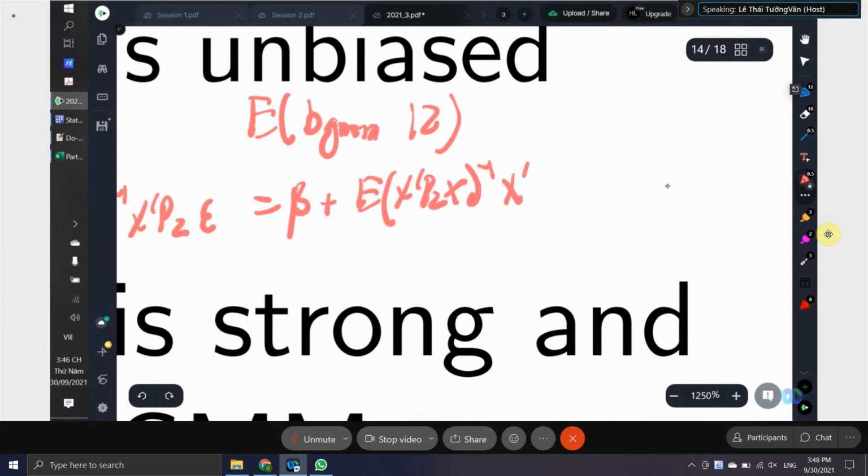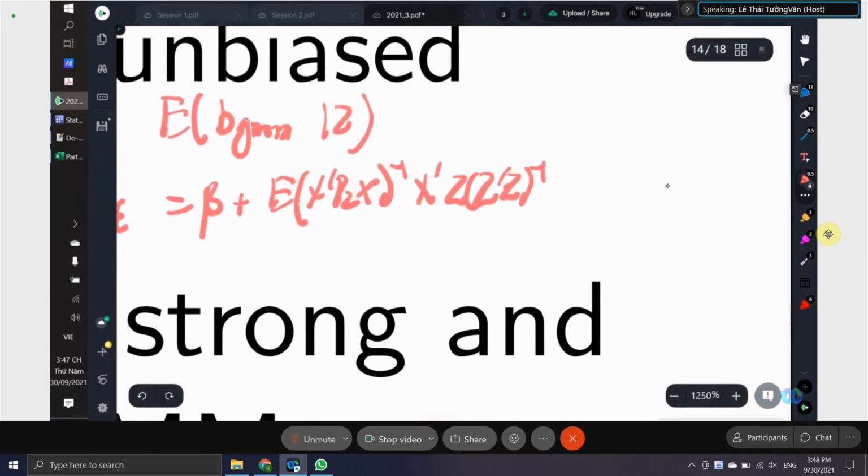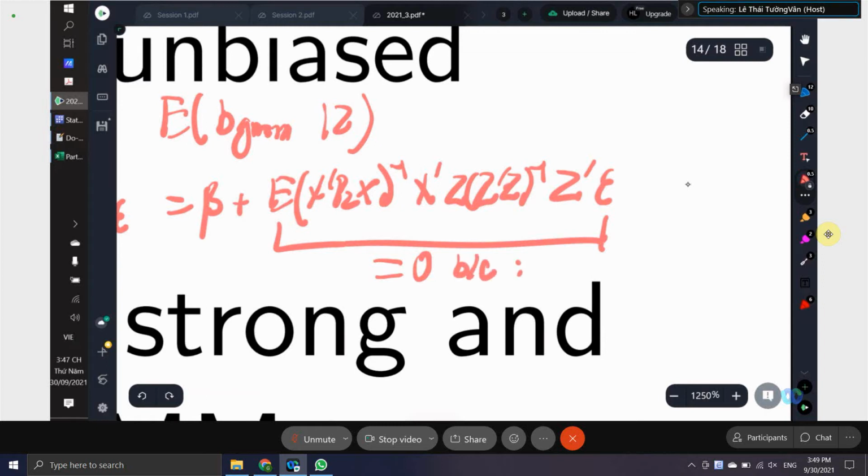x prime. Now Pz is written out: x prime z (z prime z) to the minus 1 z prime epsilon. And because we assume z to be exogenous, this one is 0, because the expectation of epsilon given z is 0.